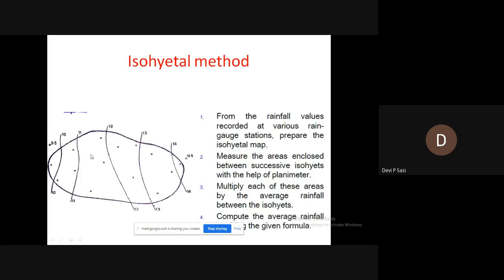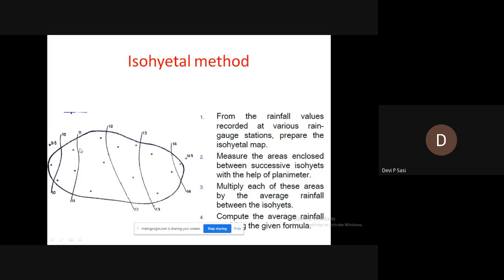Then the second step is you have to measure the area enclosed between two isohyets. You have to find the area between two successive isohyets, and that particular area should be multiplied using the value of average precipitation. That is, if you consider isohyets 12 and 11, that particular area between 12 and 11 should be multiplied with the average of 11 and 12, that is 11.5.